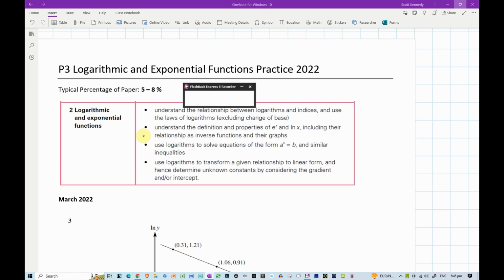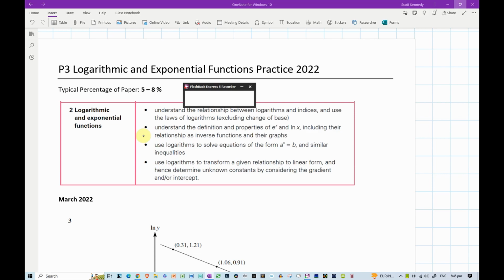So I'll go 4/5 ln 0.31 plus 2 ln 1.21 equals ln c. And then that will give me 2.668 when I put that in the calculator equals ln c.